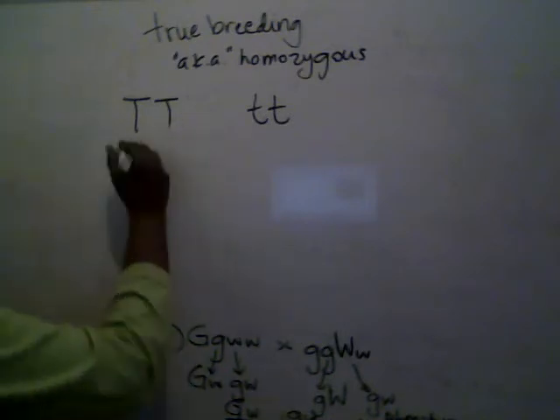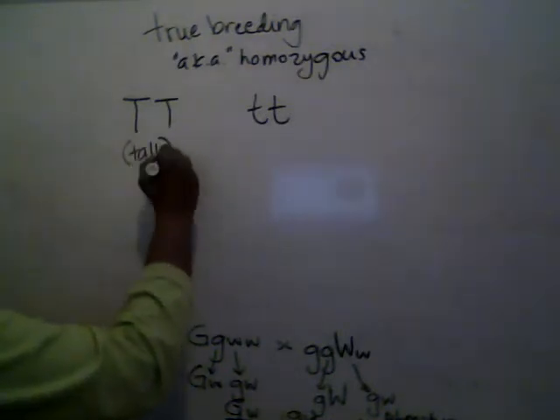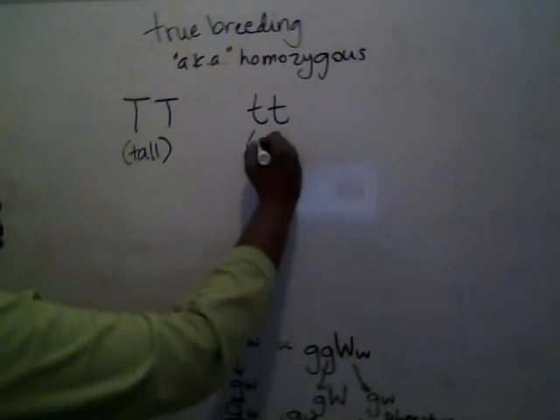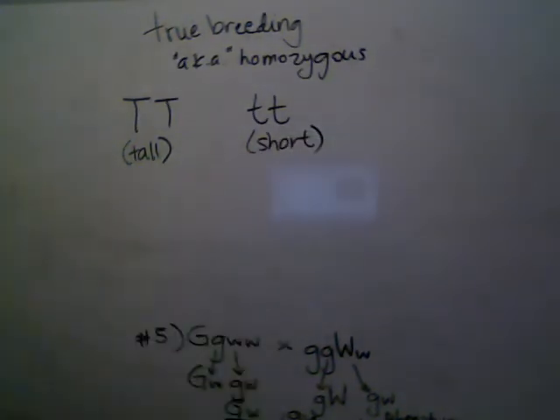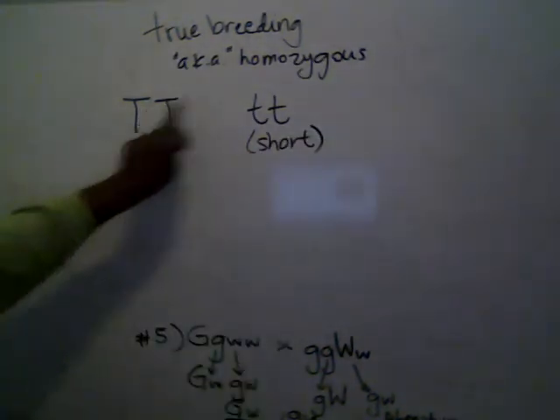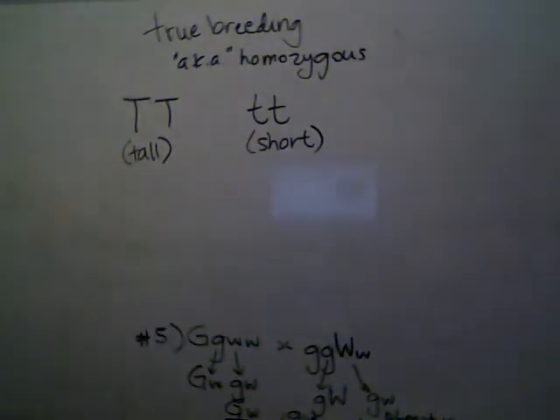Okay, if you're big T, you would be tall. If you're little t, you would be short. Okay, so they're true breeding and they have different traits, which is what the question is asking. So it's saying if we were to cross these two parents, what will we end up with?